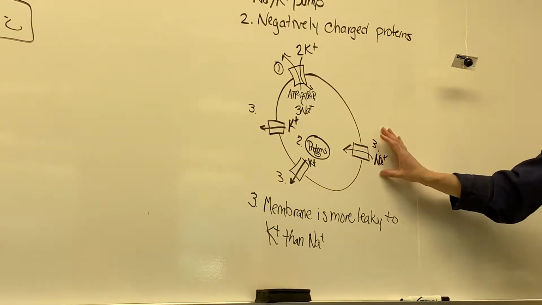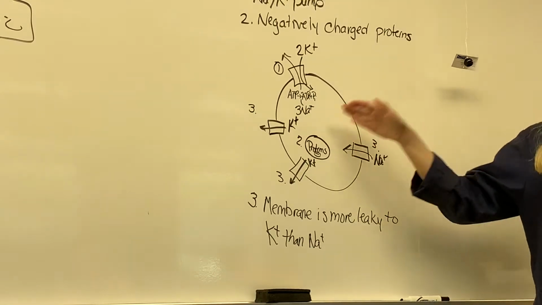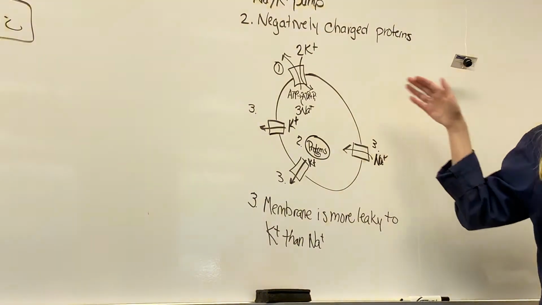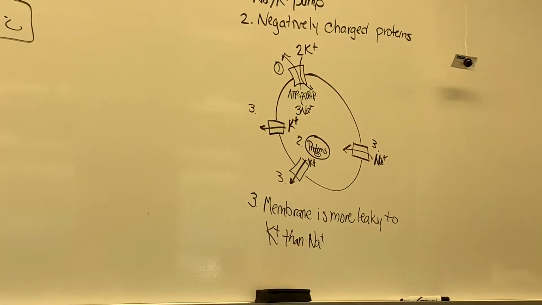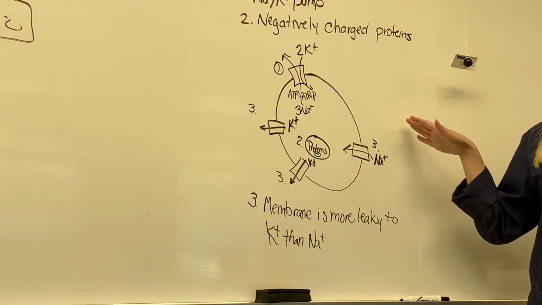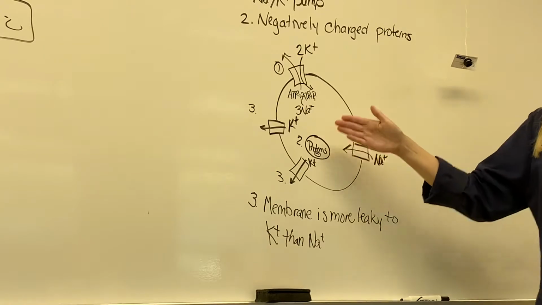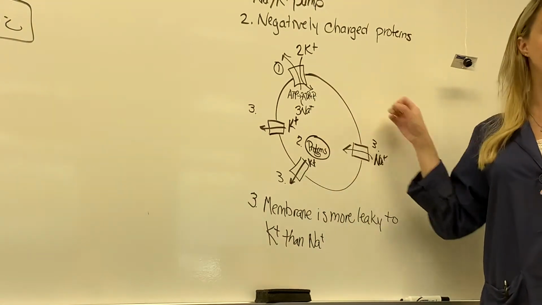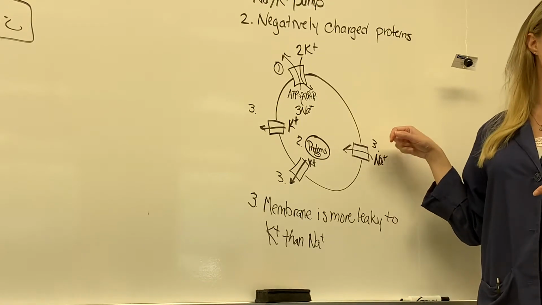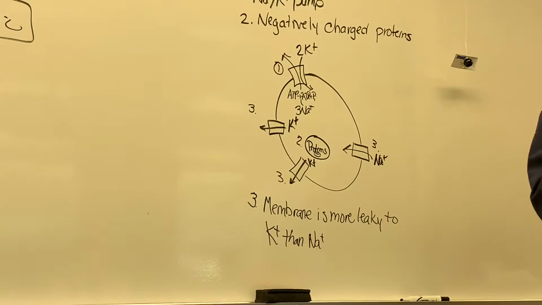If the membrane were only leaky to sodium, our membrane potential would be a lot more positive because we would have a lot of positive charges coming in. But because we have both sodium and potassium that can diffuse, and the membrane loses more positive charges through the potassium while we gain positive charges through the sodium, our resting membrane potential is not so positive and not so negative.